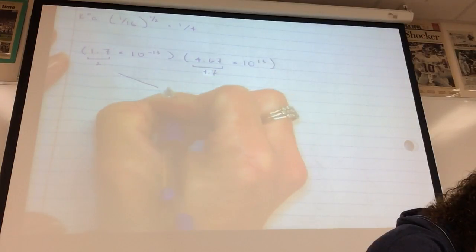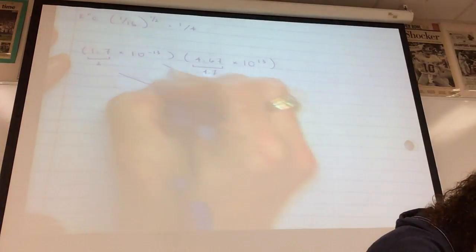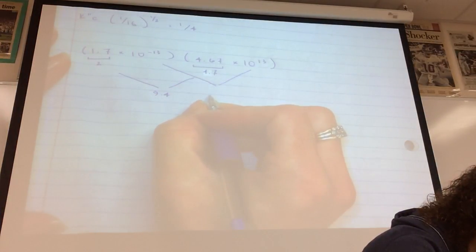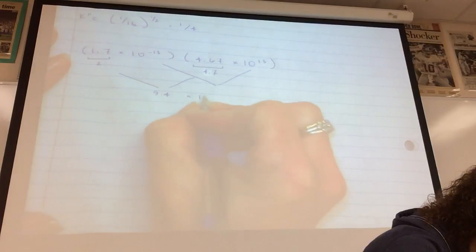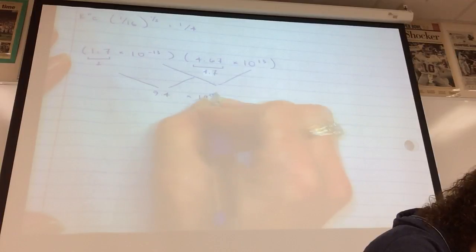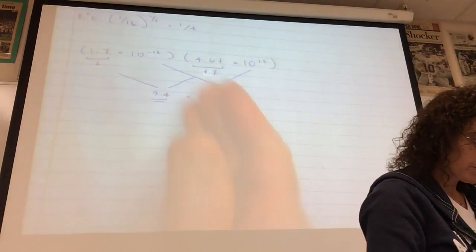So this times this is what? And when you multiply, what do you do to the exponents? So what do you get? Well, 10 to the 0, right? Which is 1. So that's going to be about that, correct? Something like it.